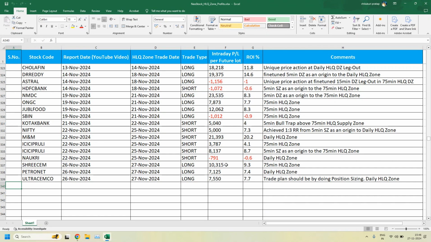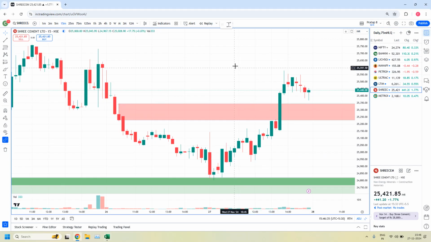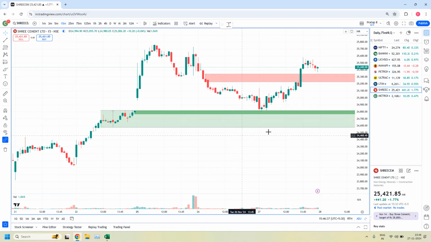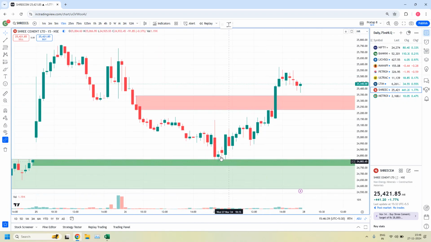Shree Cement has given 10,315 rupees profit, which is a 9.3% ROI as per one futures margin cost. So excellent trade. A clean and neat trade as per the fine-tuned zone. Because prices entered inside the zone, definitely all our trades would have been executed from this stock.